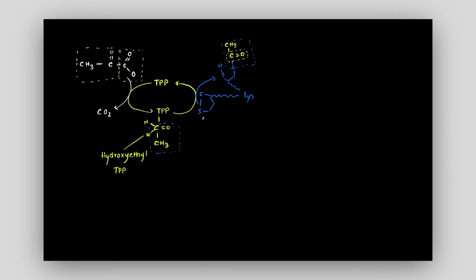This is the oxidized lipoyl lysine, and this is the reduced form, but it is acetylated, so we're going to call this the acetyl lipoyl lysine.